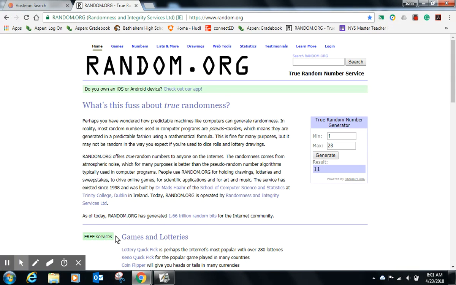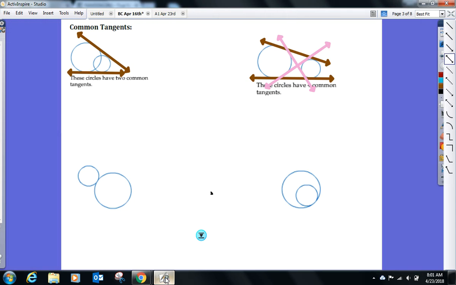How many are you claiming there are right now when they just touch? I am saying 3 as well. 1, 2. A lot of people I saw. Where's the third one? Going through their point of intersection when they just touch. Yep, so 3 common tangents.